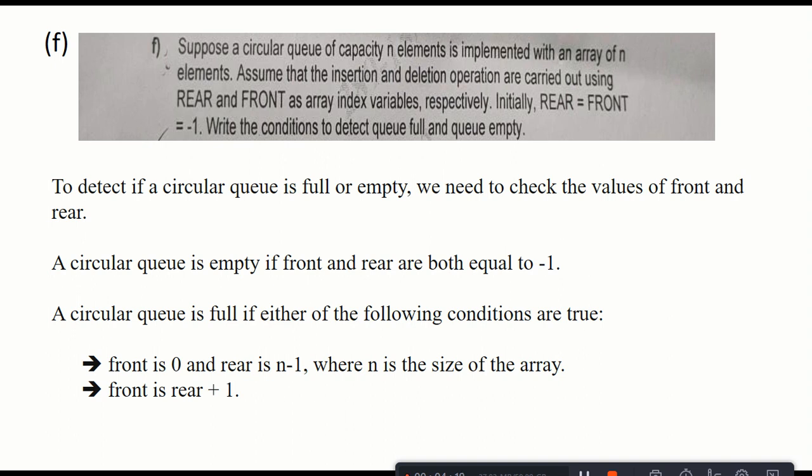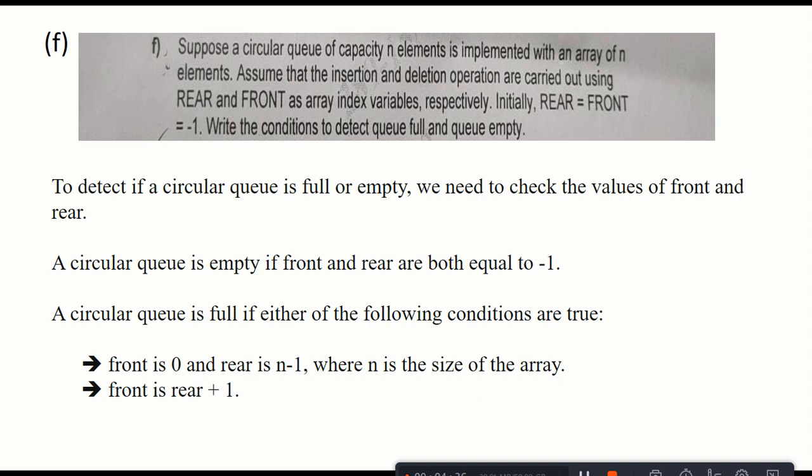Second is front equals rear plus 1. If either of these conditions is satisfied, then we detect that the circular queue is full.